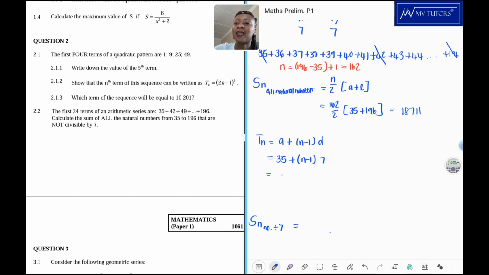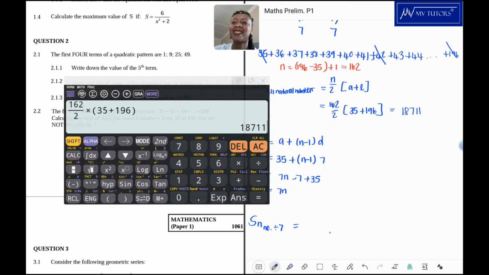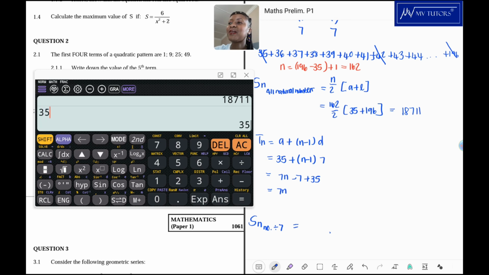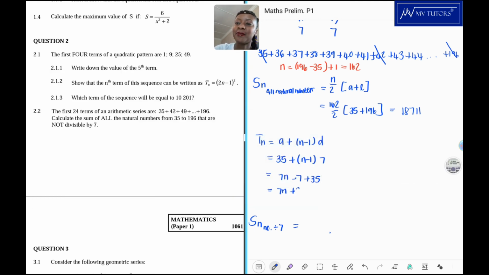So our term formula there is 7n minus 7 plus 35. So it's 7n, and 35 minus 7, that should be 28. Is it? No, that is not 28. Okay, so we have 35 minus 7. Oh, it is 28. I'm doubting myself.